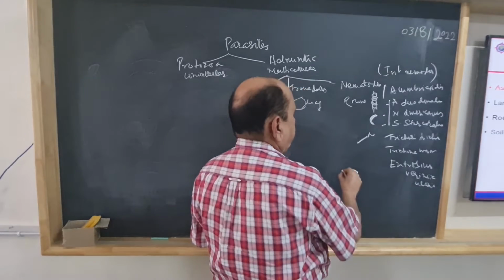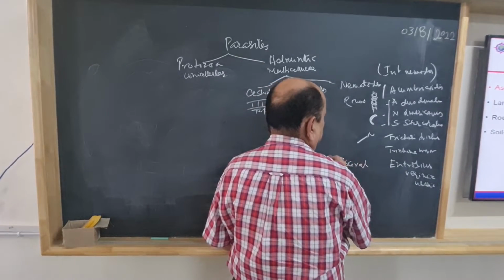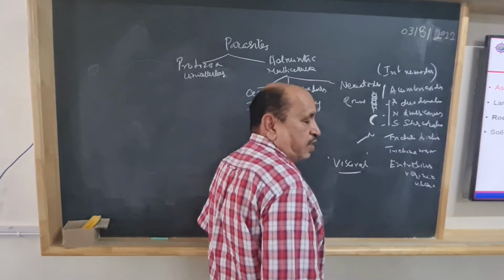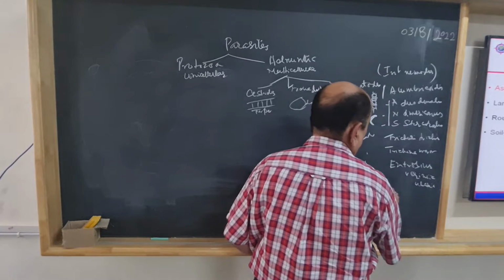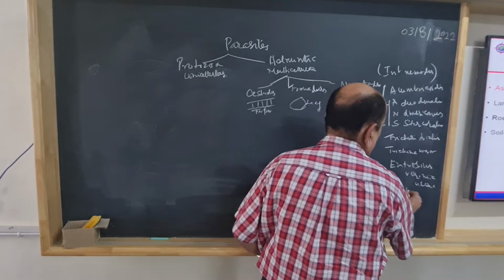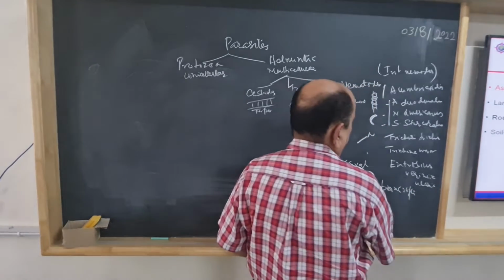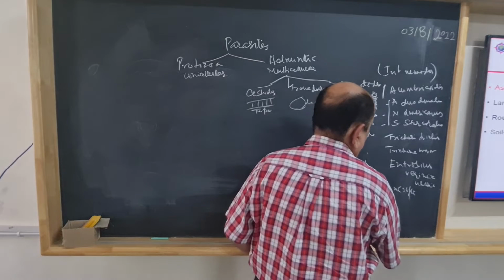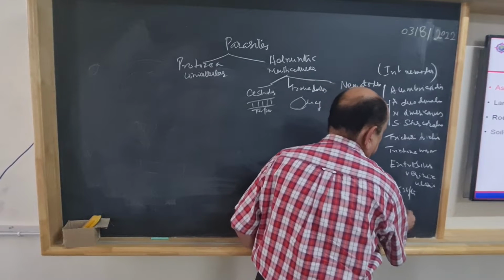Extraintestinal or visceral lymph node nematodes are Wuchereria bancrofti and Dracunculus medinensis.